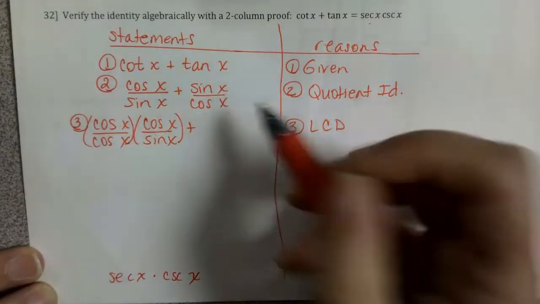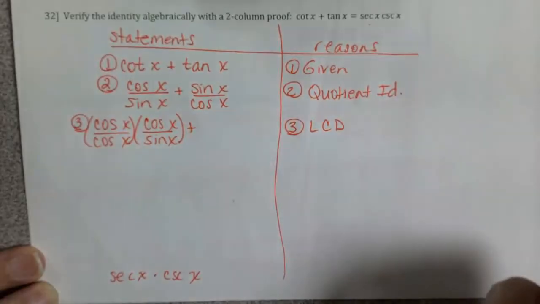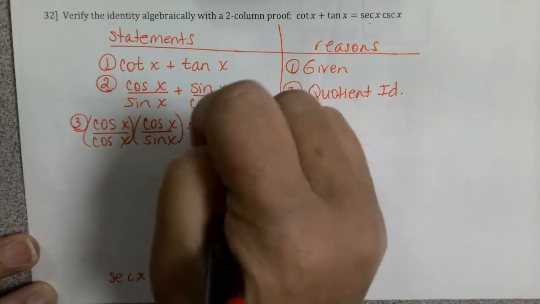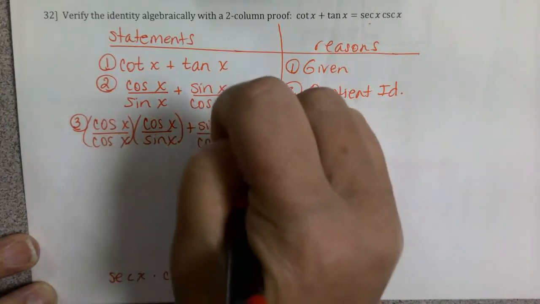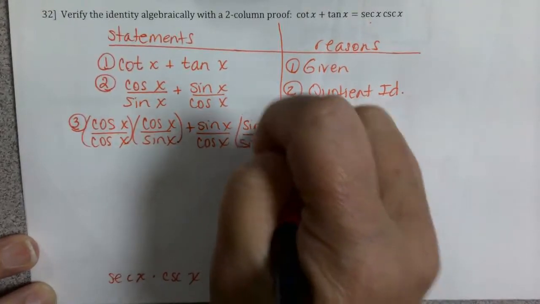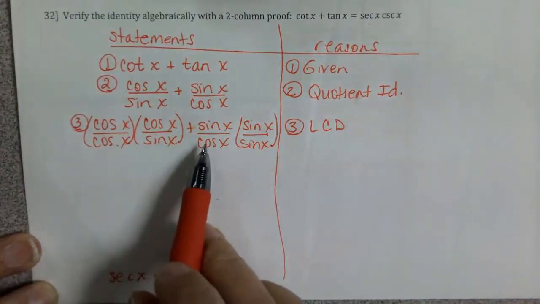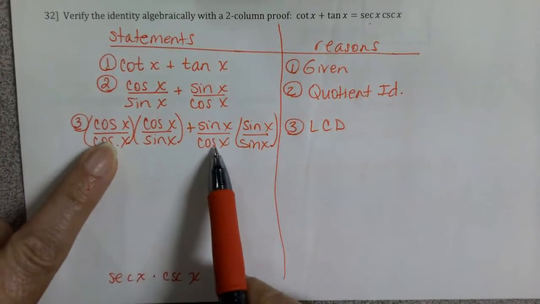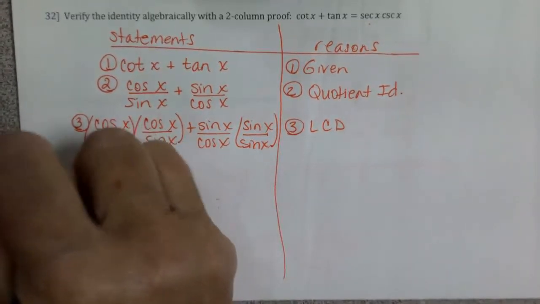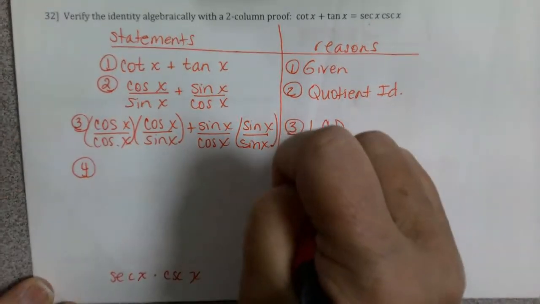And then I'm going to multiply my second fraction by sine over sine. So now I have a common denominator of cosine times sine. So I'm going to go ahead and add my fractions.